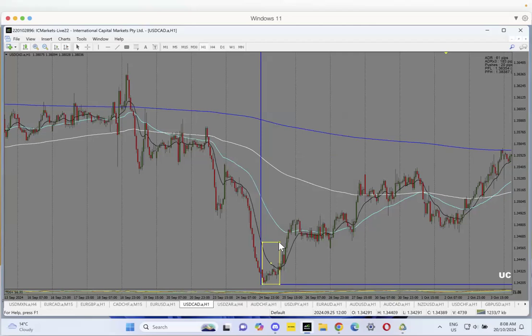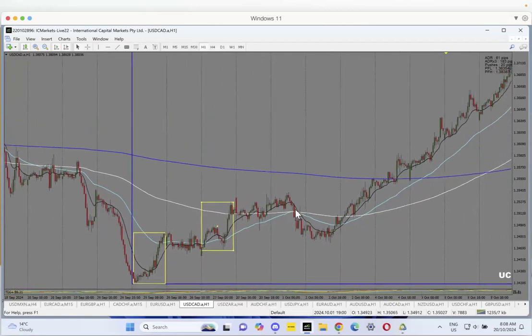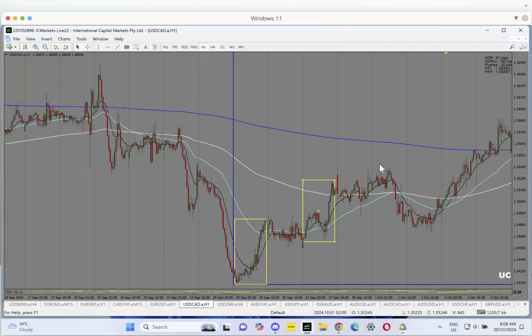Now, first push, that's what we can see. Second push, that's what we can see. Now, here, I suspect this might be my third push.